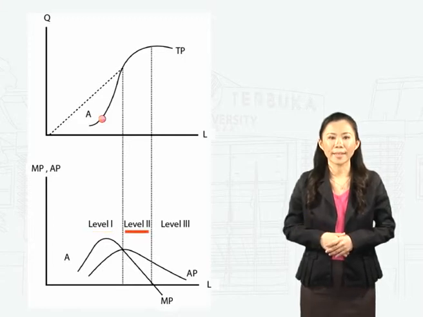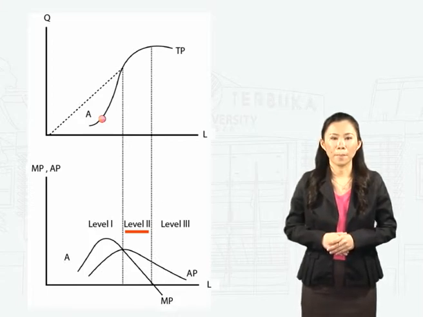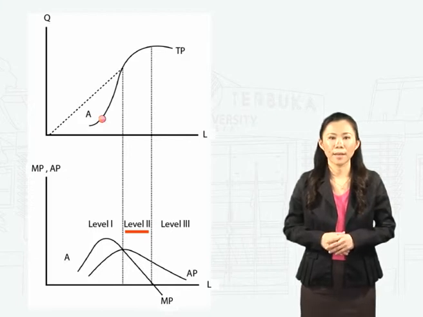Level 2 is the area between the maximum point of APL and the point where MPL is 0. Both MP and AP are still positive, but MP is less than AP. Thus, AP decreases.